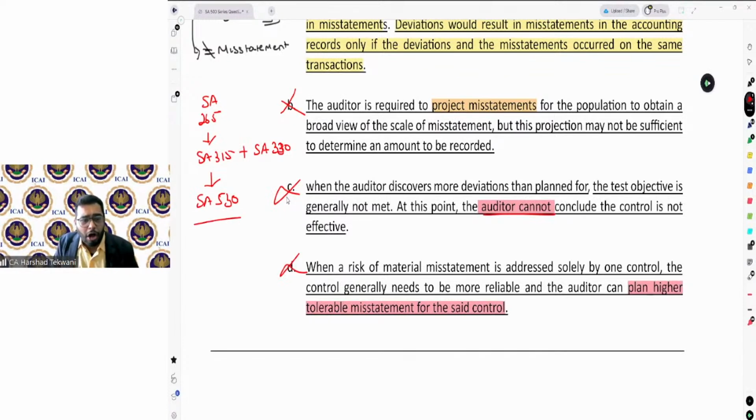This will also be applicable for internal financial controls over financial reporting, IFCFR. So when we do testing for internal financial control over financial reporting, at that particular point in time, also these concepts are valid. Clear? Any doubt?